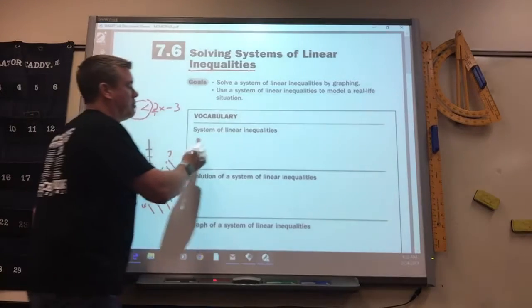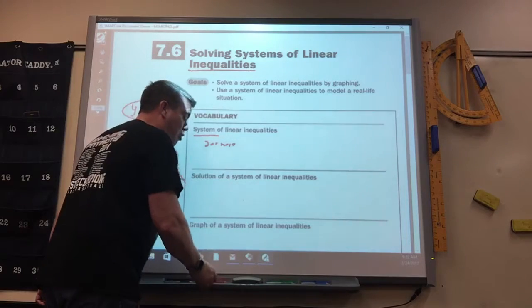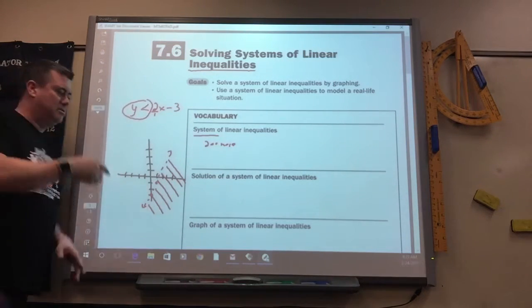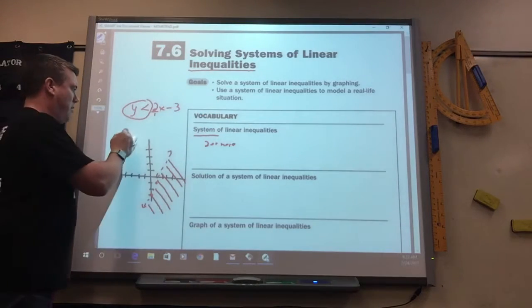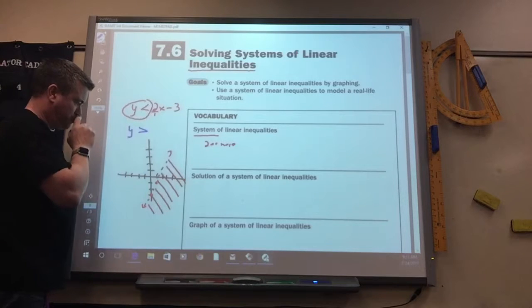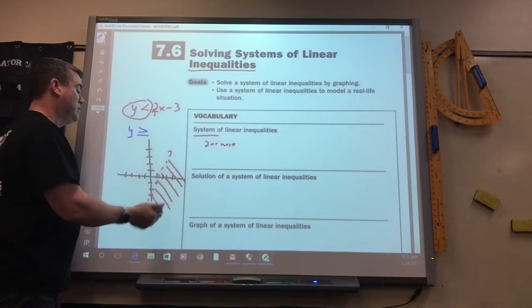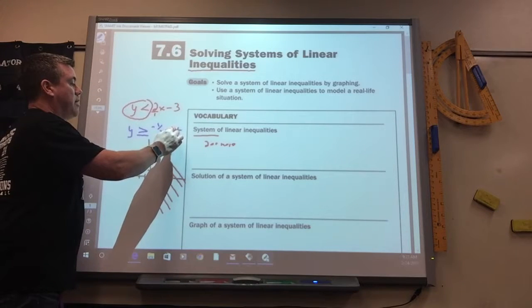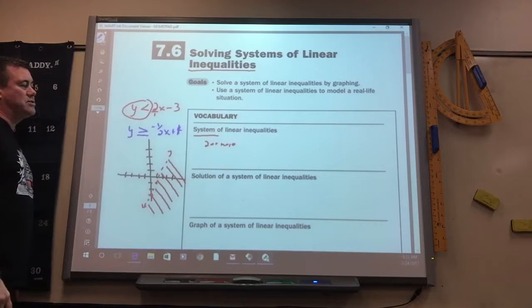So a system, remember, is 2 or more. Some of these will have 4 or 3, but they'll be real easy ones. Horizontal lines and vertical lines. So if we had another equation, okay, if we had this one, y is greater than or equal to -1 half x plus 1.